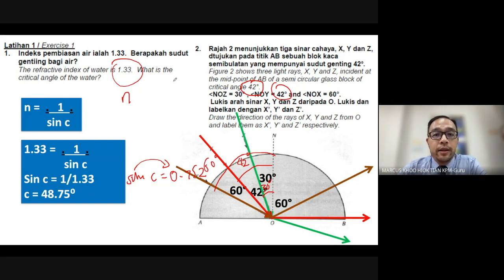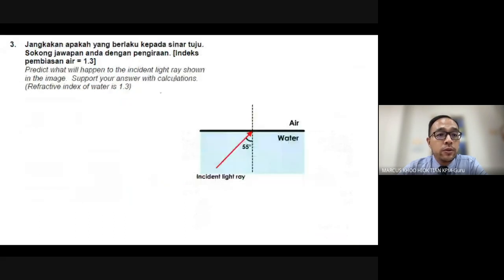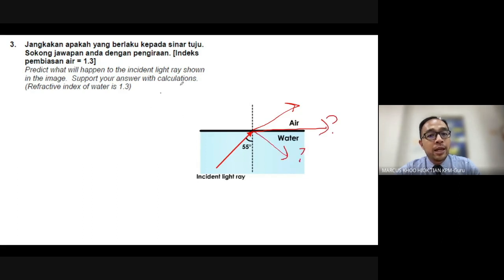All right, let's give number 3 a go. Predict what will happen. The angle here is 55. The refractive index is 1.3. If you are given the refractive index and you want to know where this is going to go, there are only 3 places it can go: either it refracts, or boundary refraction, or total internal reflection. But which one?